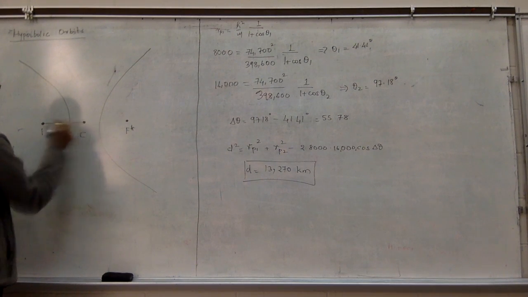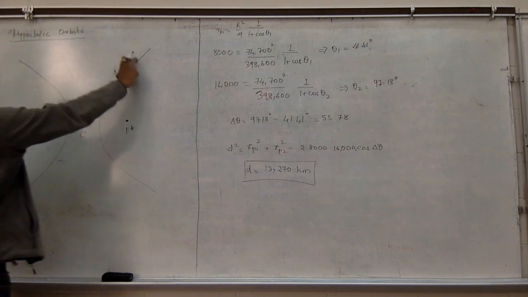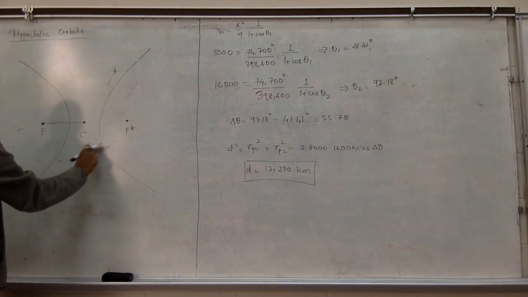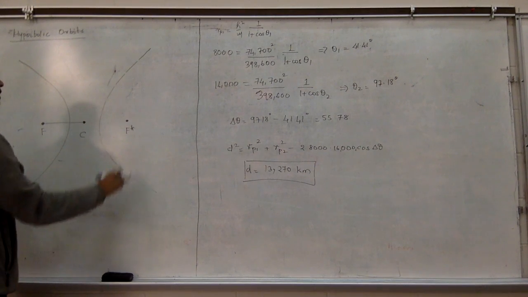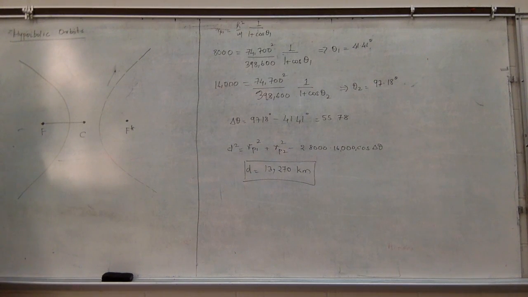That would be considered two different orbits. So you have one like this, and that's one orbit, and then another one. So you have to understand, this part of the orbit does not get occupied, but this is a hyperbola.